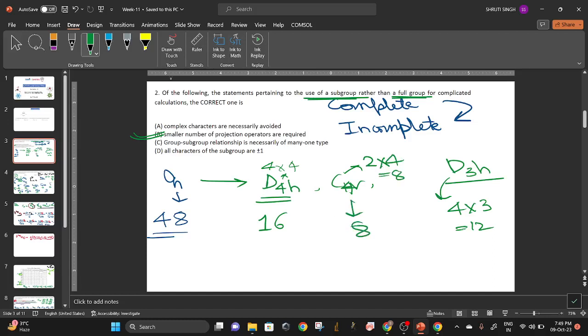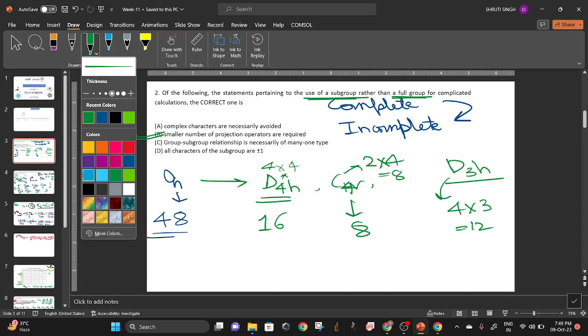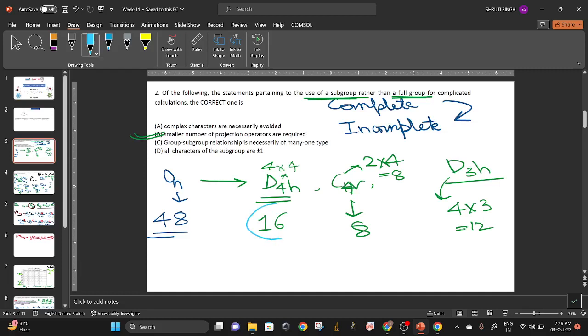Suppose I am using a bigger molecule whose order was 48, but if I can use a subgroup, then I need to work out only 16, from 48 to 16. Only 16 projection operators, only 16 elements to work with.